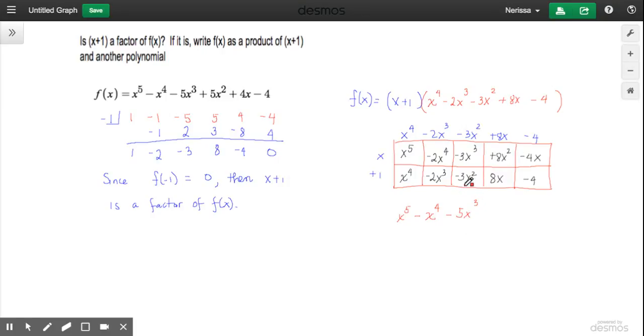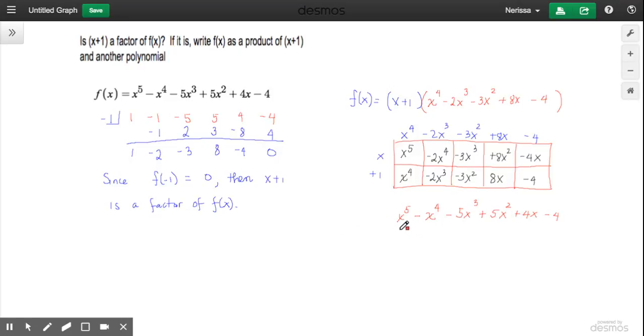Now, for the x squared, you have positive 8 here and negative 3 here, so we'll subtract. 8 minus 3 is 5, so we'll have positive 5x squared. We get positive because we have more positives than negatives. Now for the x's, we'll have negative 4x here plus 8x, so that's going to give us positive 4x. We have more positives than negatives. And then lastly, we'll bring down negative 4.